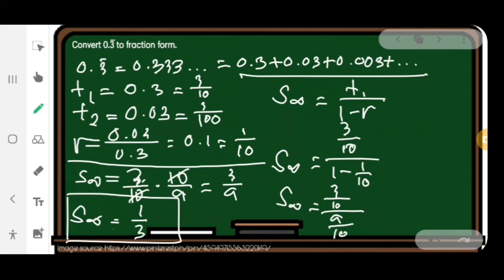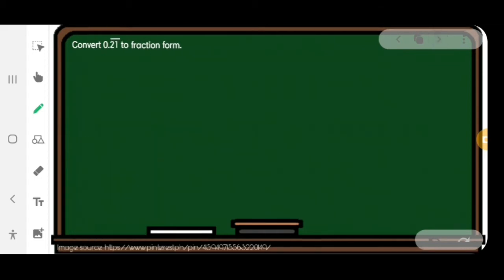Now let us proceed to the next example. Convert 0.21 repeating to fraction form. As you can see, the bar here is above the digits 2 and 1. That means the digits 2 and 1 are repeated infinitely. So 0.21 with a bar above is equal to 0.2121 and so on.